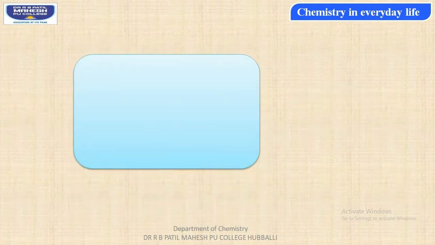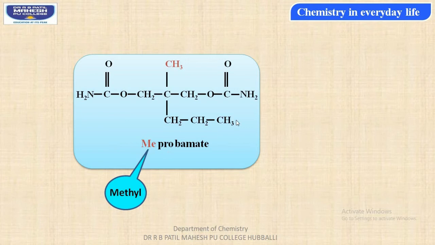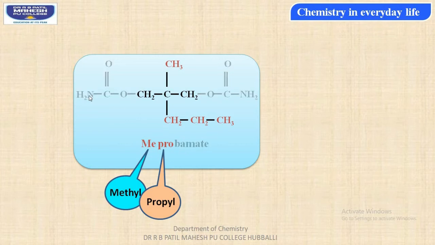Second example, meprobamate. In this, we are having the molecular formula C9H18N2O4, and students, the name Me is given because from the structure one methyl group is present, whereas the name Pro has been given because we are having propyl group, that is CH3CH2CH2, propyl group, whereas the name Bamate corresponds to carbamic acid, that is OCONH2.